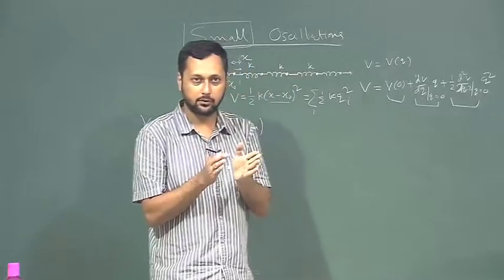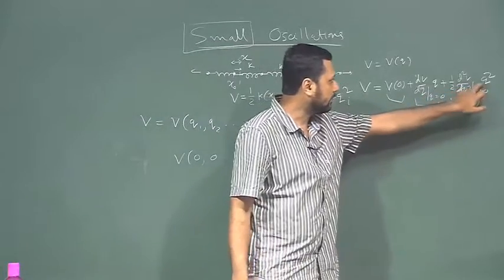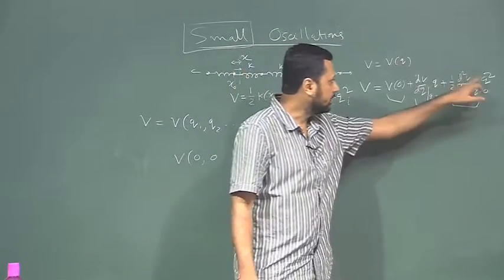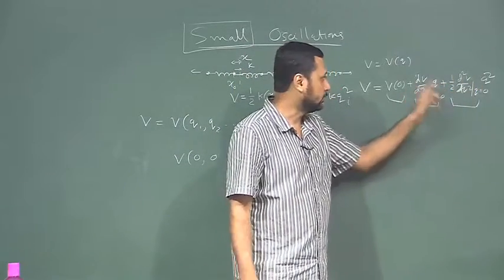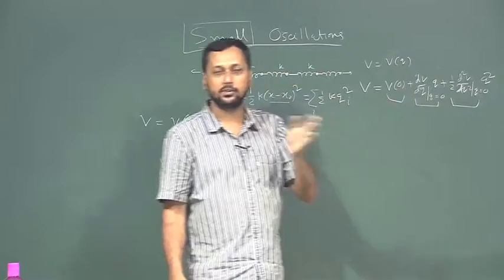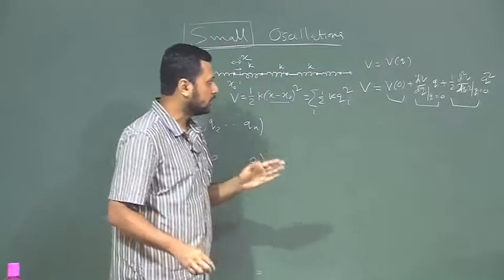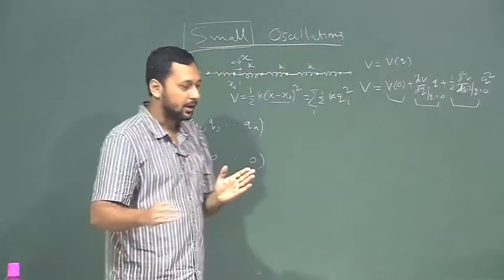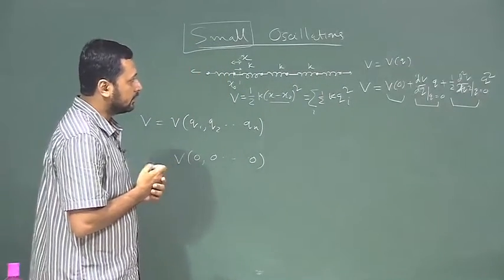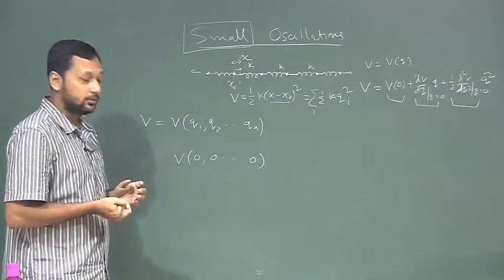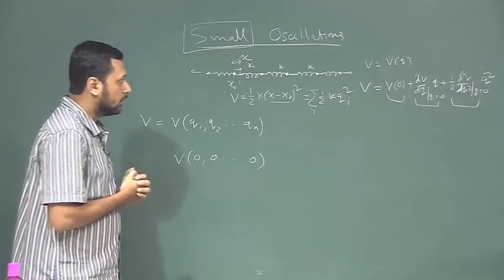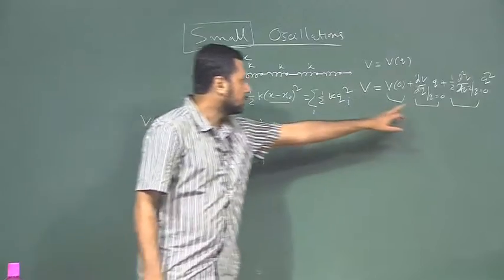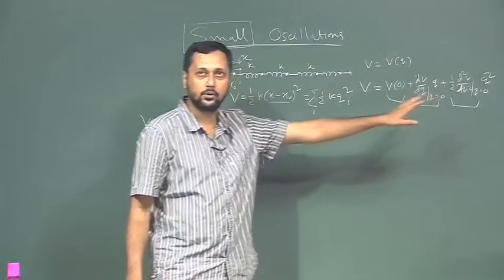But if I have taken a q which is really small, then q square becomes smaller than q, q cubed will be even smaller than q square, and so on. So, the weight of each term becomes diminishingly small. Typically, we keep up to the first order term, or sometimes up to the second order term.